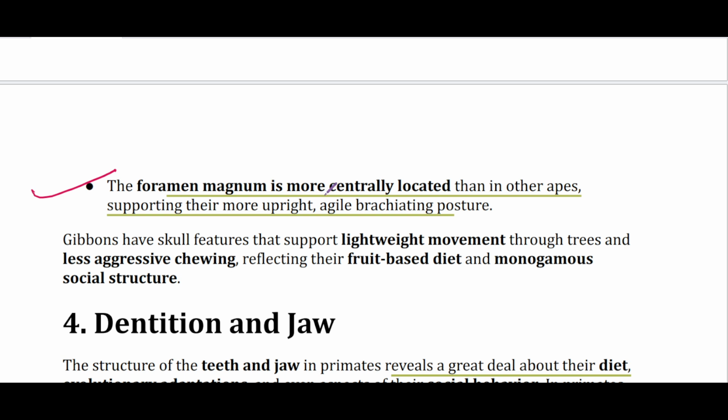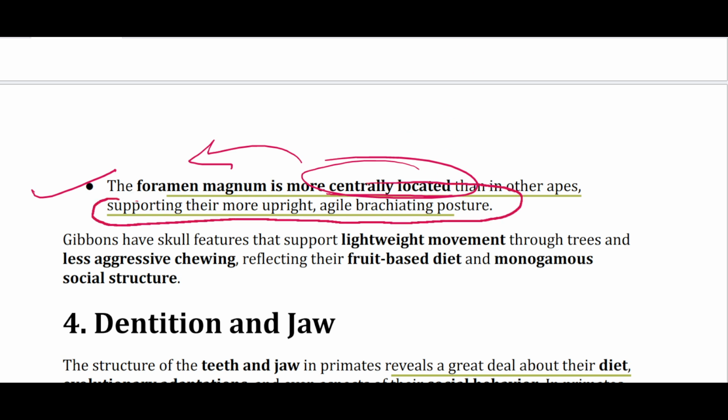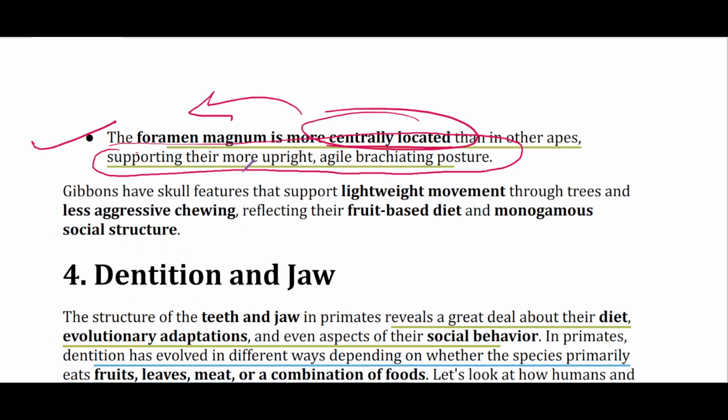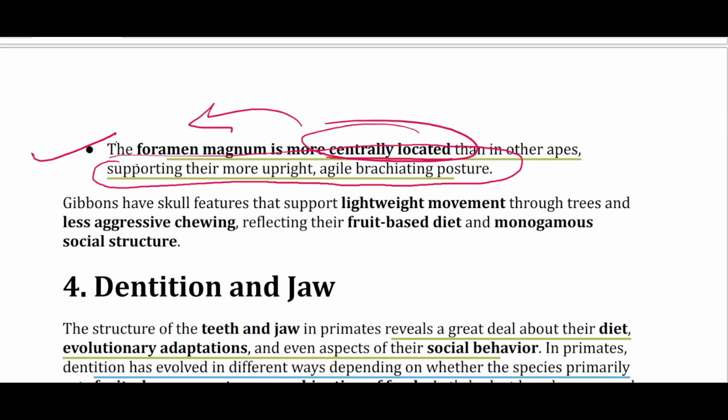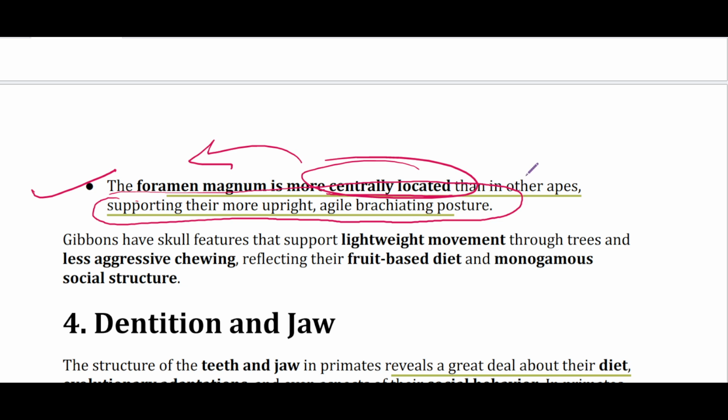Then their foramen magnum is more centrally located, so that central placement of foramen magnum suggests a shift towards bipedalism or semi-bipedalism. तो यहाँ पे आप देख सकते हैं this placement supports their more upright or agile brachiating posture. क्योंकि ये आपको बताया था कि gibbons, they have been seen walking on their 2 feet on tree branches.